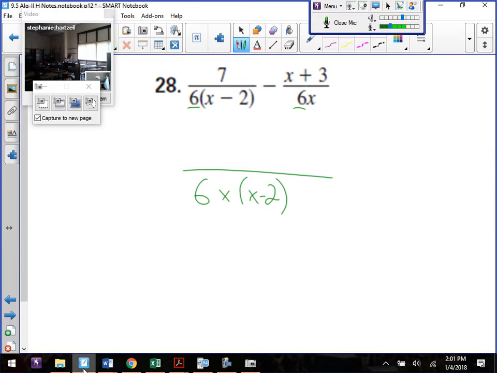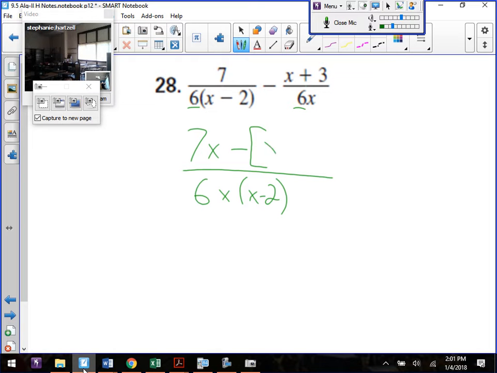So I get a 7x minus. Now, the fraction on the right has the 6 times x, but it's missing the quantity x minus 2. Since I have to subtract whatever it winds up being, with all that distributed together, I'm going to put a bracket around it because I know I'm going to have to distribute that negative later.